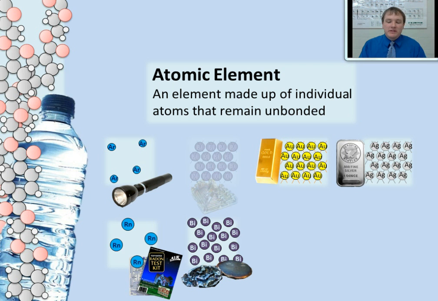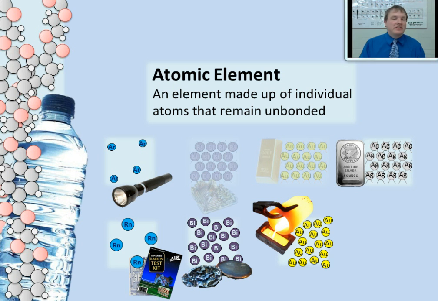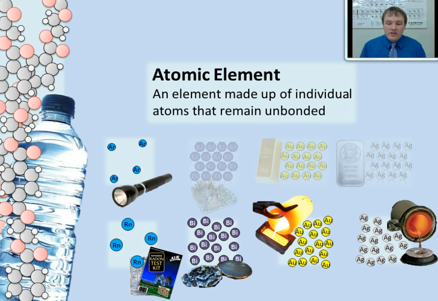The same happens to gold when you heat it up to its very high melting point of right around 2,000 degrees Fahrenheit, and silver, which also has a very high melting point. Notice that when you heat up these solid crystal elements to the point that their crystal lattice breaks apart and the atoms begin sliding past one another, the atoms aren't bonded to each other anymore. These are all atomic elements.